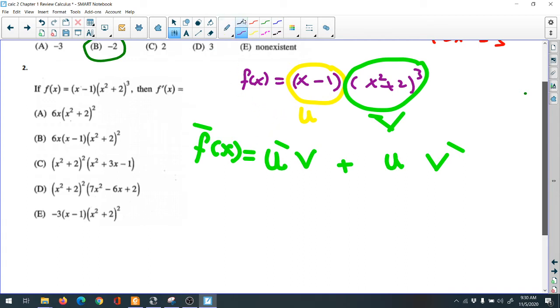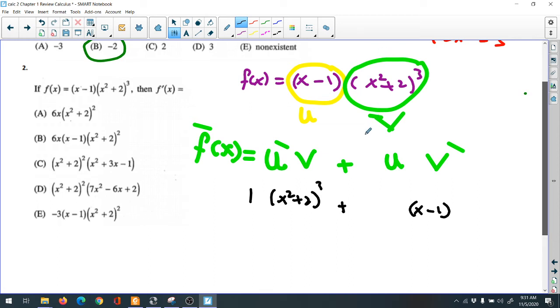So derivative of x minus 1, yeah, it's 1. Times v, which is x squared plus 2 to the third. Plus u times derivative of second. U, it's x minus 1. You keep it. And let's do the derivative of v.